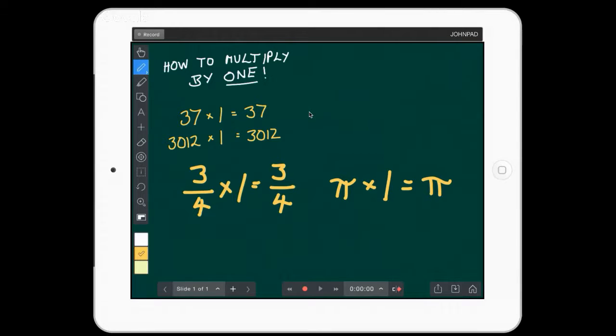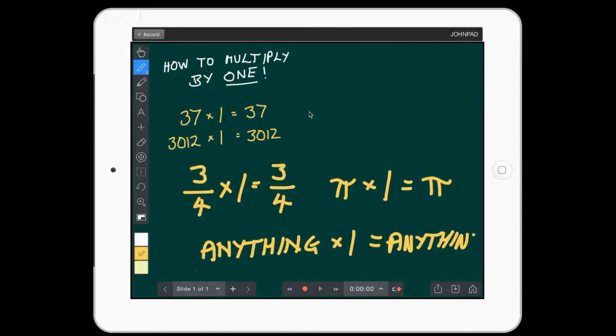In fact, anything at all. I'm not doing very well this morning. Anything multiplied by 1 is equal to the same thing, anything.